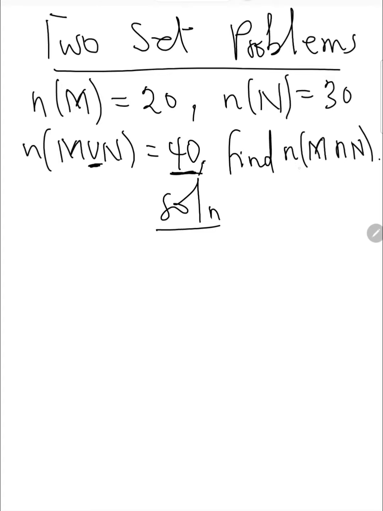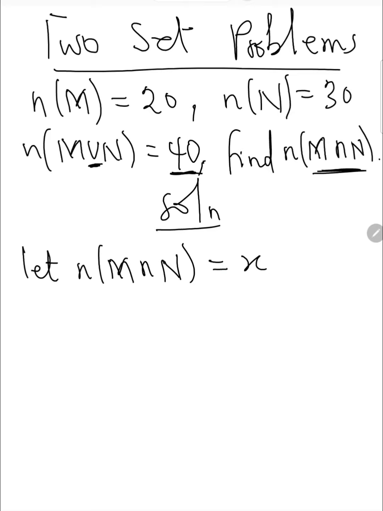Because we have to find the number of elements in the set M intersection N, which we don't know, we will let this number, which is M intersection N, be represented by the variable X.